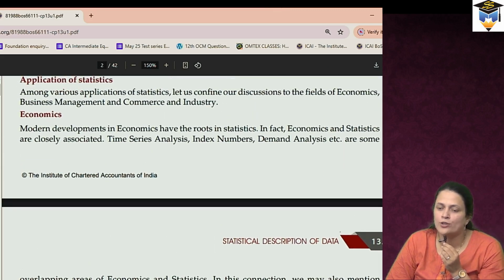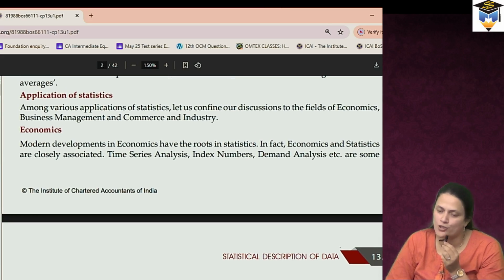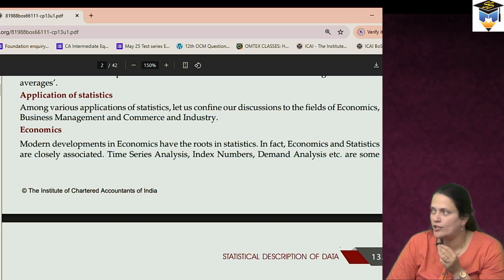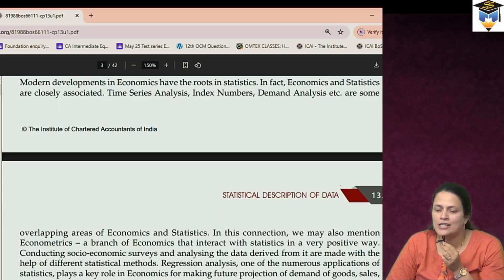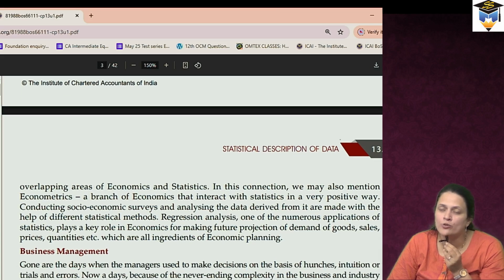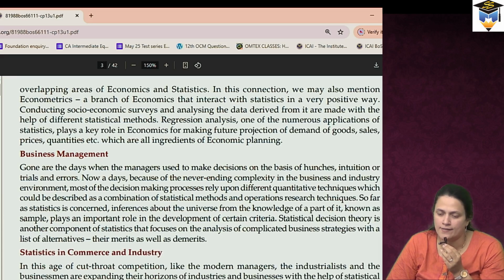Okay, so as I was telling you, there are many vast applications of statistics in the fields of economics, business management, commerce and industry. Whenever there is a large amount of data and some conclusion or analysis has to be done, in all those scenarios we are going to use statistics.